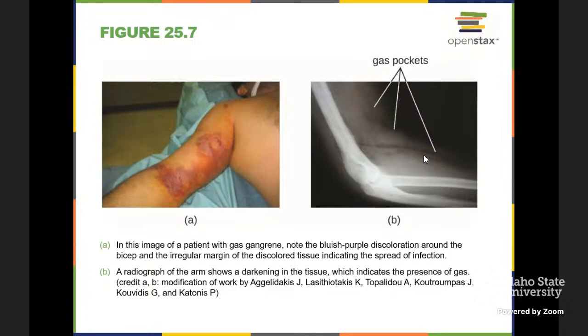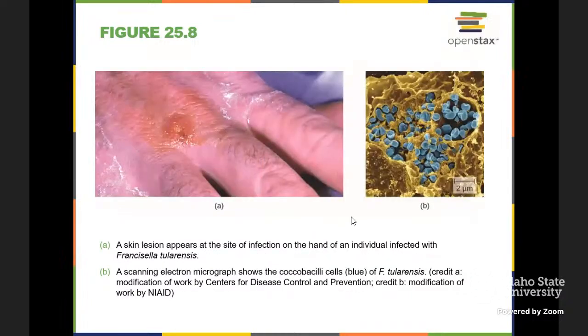That's the gas gangrene. And we are rather early into this. We aren't yet seeing necrotic tissue, but we're on the verge of that emerging if we don't get it dealt with quickly.